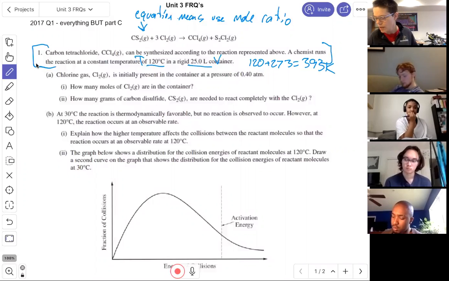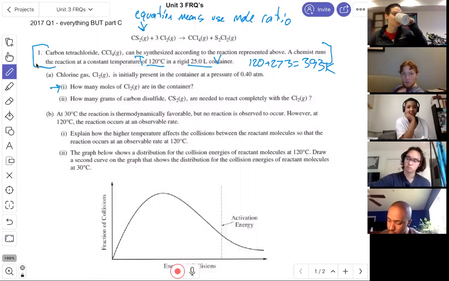PV = nRT. All right. So looking at part A, question 1. What are you going to have to do? Convert liters to moles.